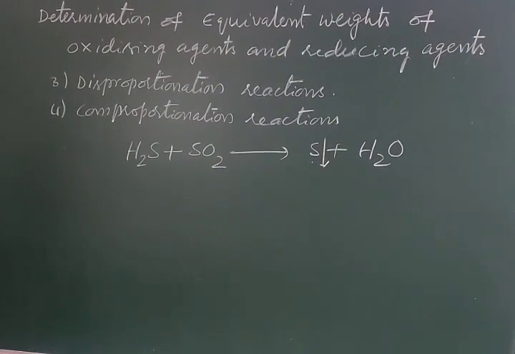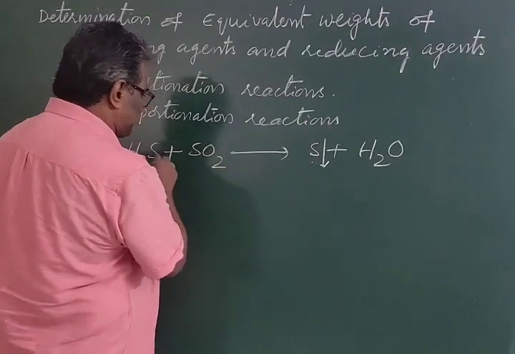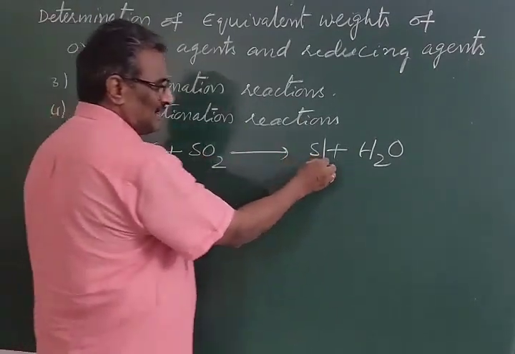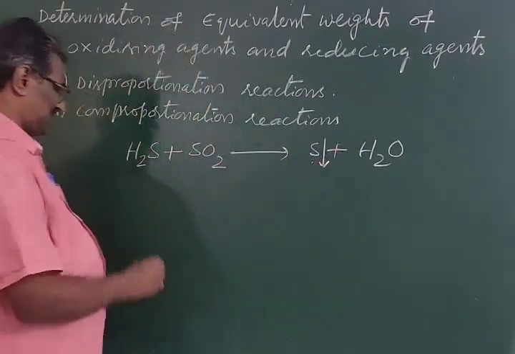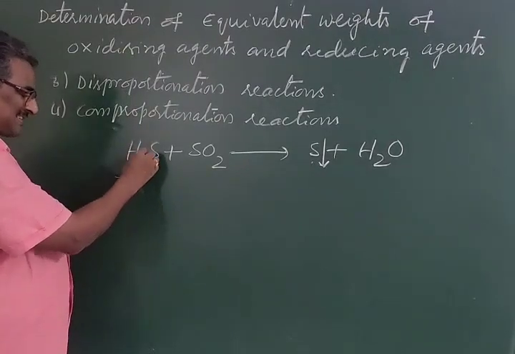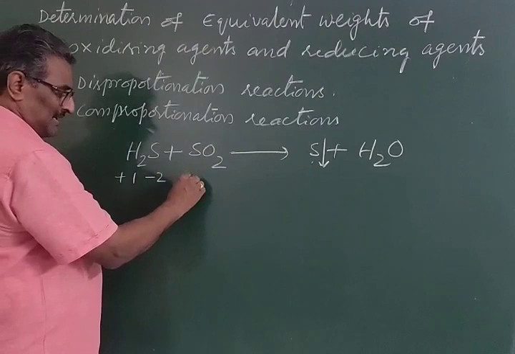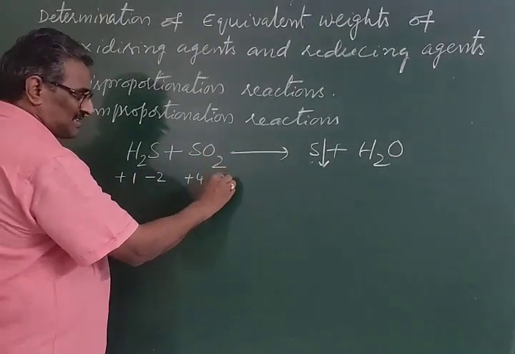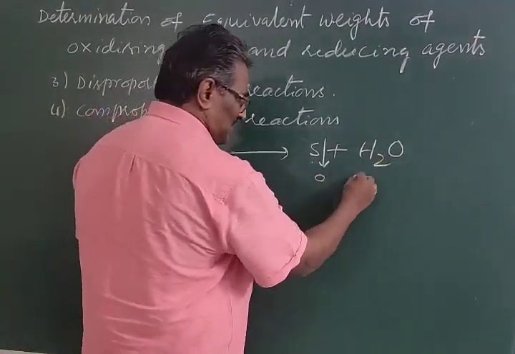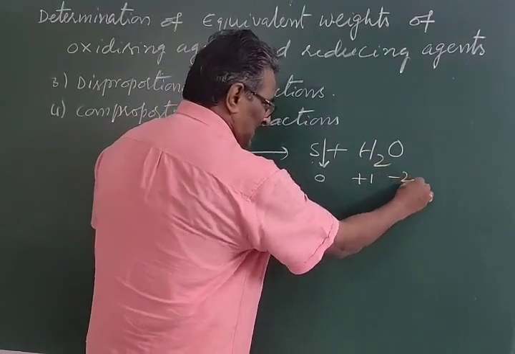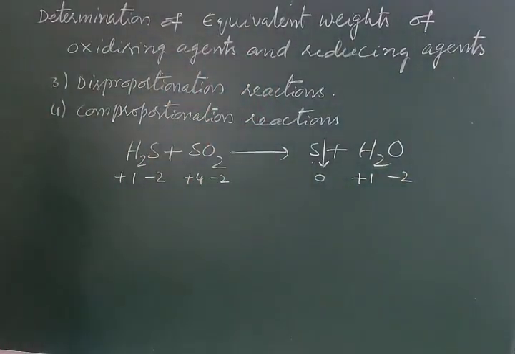Sulfur gets deposited. Here, sulfur is present in different compounds and sulfur is deposited. Oxidation states: hydrogen plus 1, sulfur minus 2. Here, sulfur plus 4, oxygen minus 2, sulfur 0, hydrogen plus 1, oxygen minus 2.